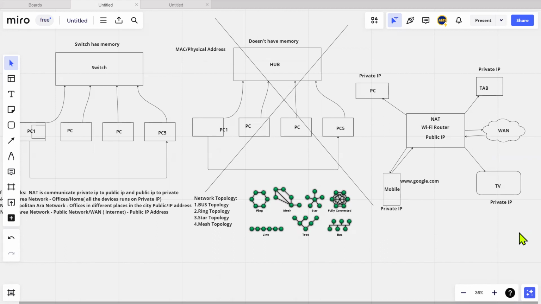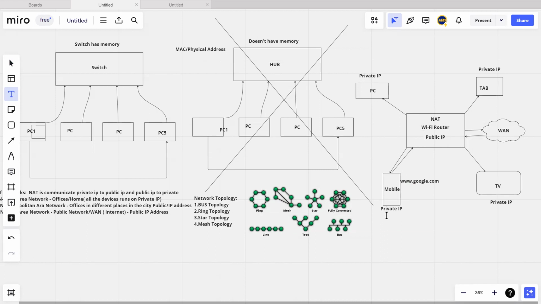Coming to this, we have all heard of the NIC card. The NIC card is very important. All these connections are possible because of the NIC card. Coming to the PC, without the NIC card, this personal computer cannot connect to the Wi-Fi router.